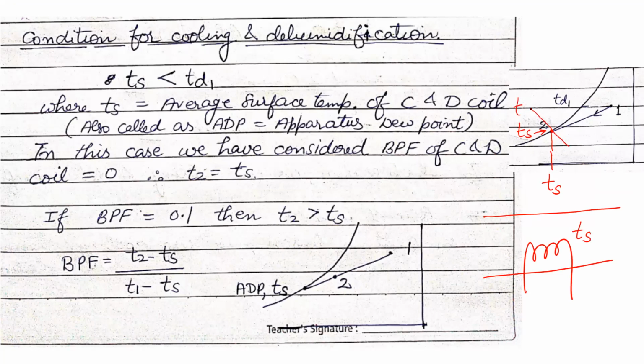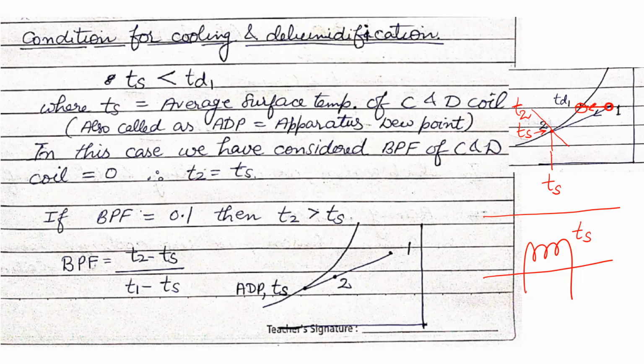Let us say this is T2. T2 is also the apparatus dew point, or the effective or average surface temperature of the cooling and dehumidifying coil. You can see this temperature is less than the dew point temperature of the incoming air stream. This is the incoming air stream temperature at T1, and its dew point temperature is here.